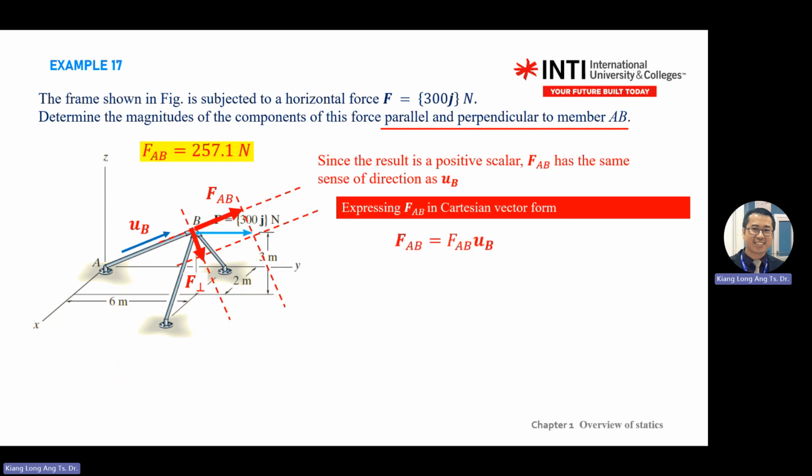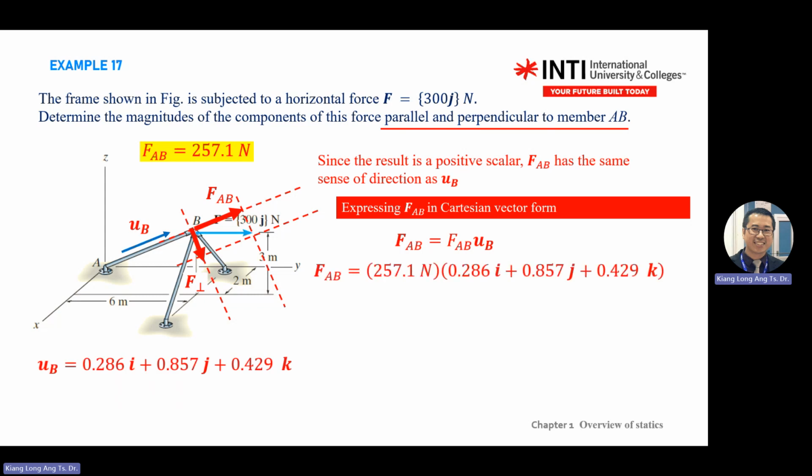So you need to express FAB in Cartesian form. FAB equals this one, multiplied by the direction of the vector. Why? Because just now A dot B equals a scalar number or magnitude. It's not a vector. So you were actually calculating FAB just now. Once you find FAB, you multiply by the direction.